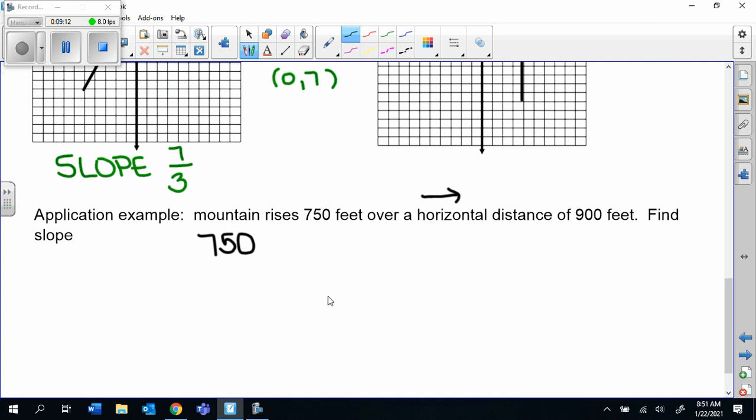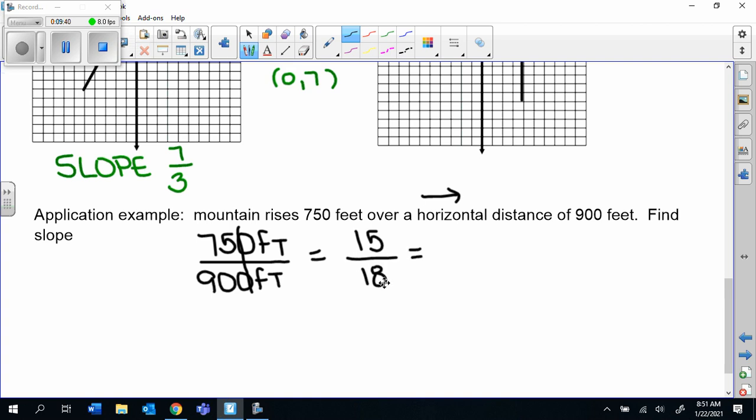So we have this run. So we're going to put 750 feet over 900 feet. And so we can reduce that fraction and write it as a fraction, or we can write it as a decimal. 75 over 90. 75 is going to be 15 over 18, taking a 5 out.